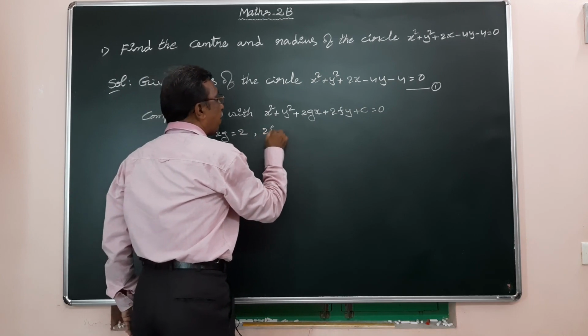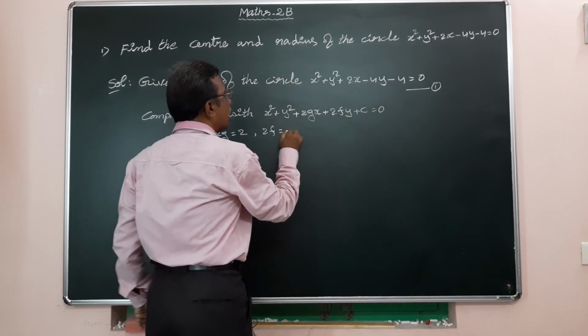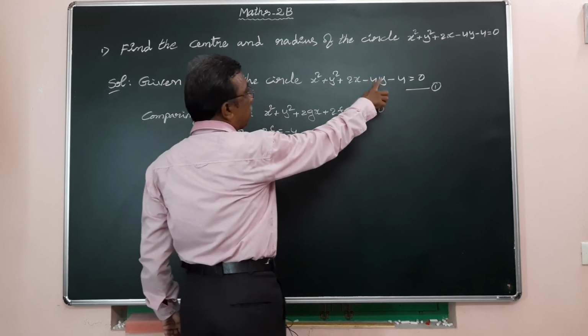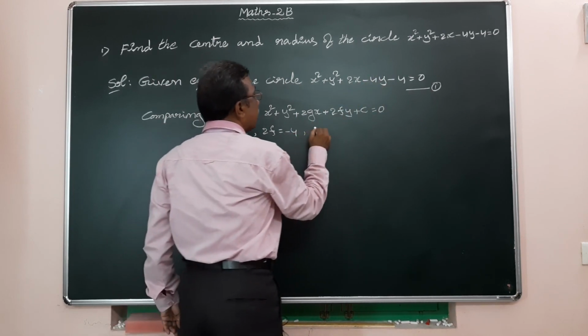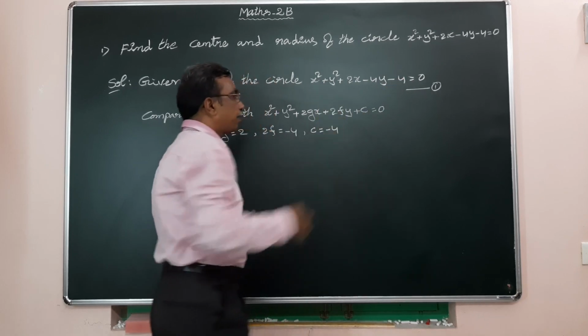Next, 2f equal to the y coefficient. The y coefficient is minus 4. Next, c equal to the constant, minus 4.